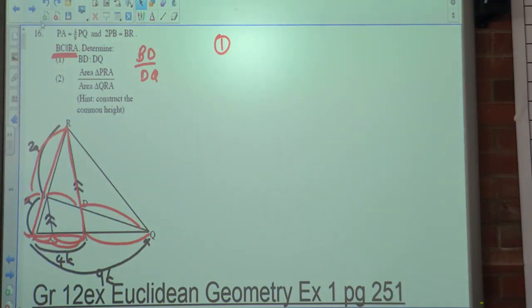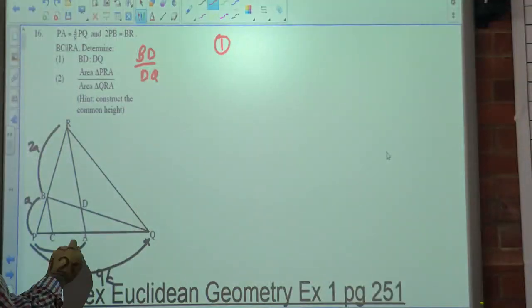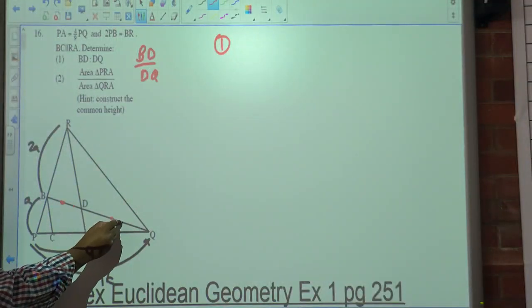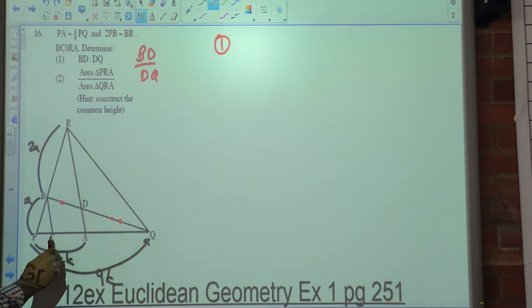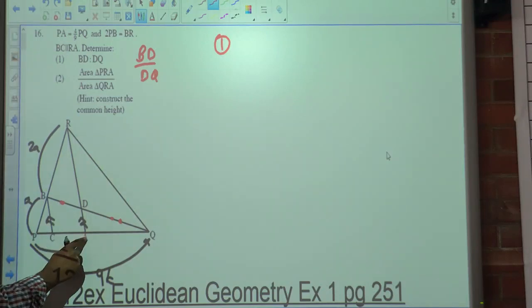So if we look at what is asked, the question says what is BD over DQ? But BD over DQ, he said, is going to be AC over AQ. Okay, but what do I have here?